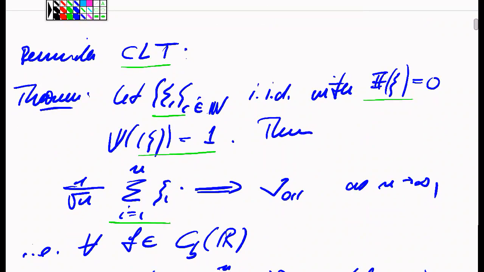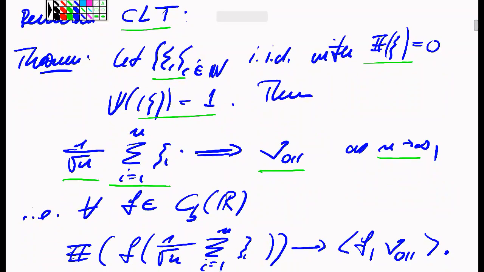Then you can take the partial sum of the first n realizations of this sequence of random variables xi, so it's just the aggregate sum, if you like, of wins and losses in the respective rounds, and you divide this by square root of n, where n is the total number of summands which enter this partial sum. Then, if n tends to infinity, this sequence of random variables converges in law, or weakly in law, to a standard normal distribution.